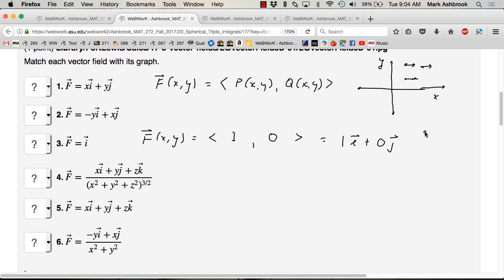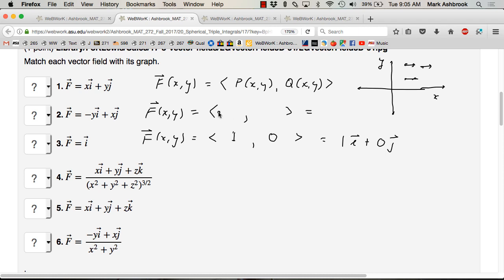Okay, what about this one? If we were to write number 2, how can we write it in component form rather than ij form? What's the x component of these vectors?